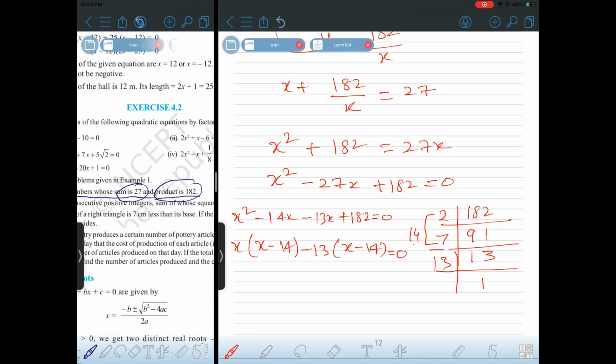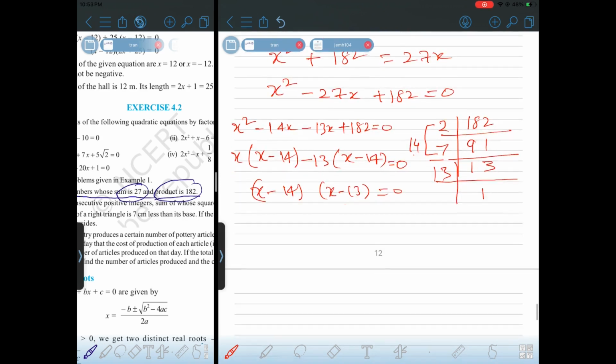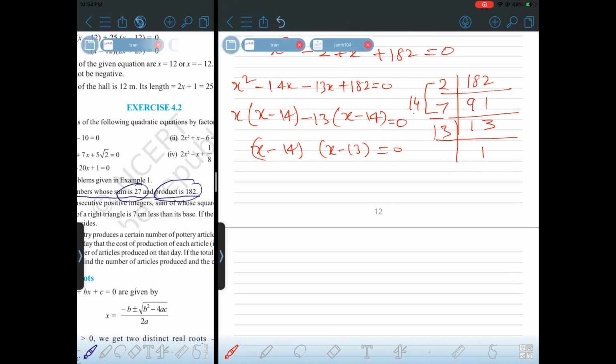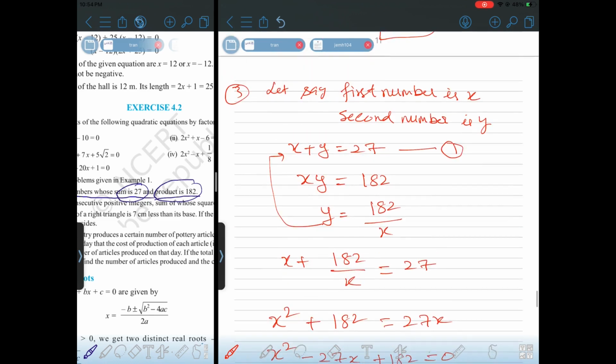Now you can take x minus 14 common, and that gives you x minus 13 equal to 0, right? So if x minus 14 is 0, it means x is equal to 14. And if x is equal to 14, it means y is equal to 13, because their sum was 27 as per the first equation.